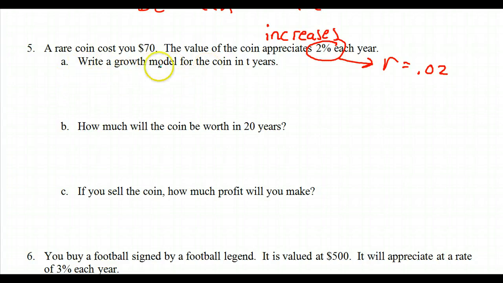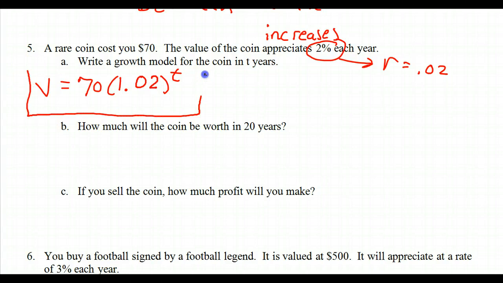So the model, the value of this coin starts off as $70, but then we're doing 1 plus 0.02 to the power of time. Of course, 1 plus 0.02 is just 1.02. So you can just go ahead and put 1.02. So this is the model. How much will the coin be worth in 20 years?